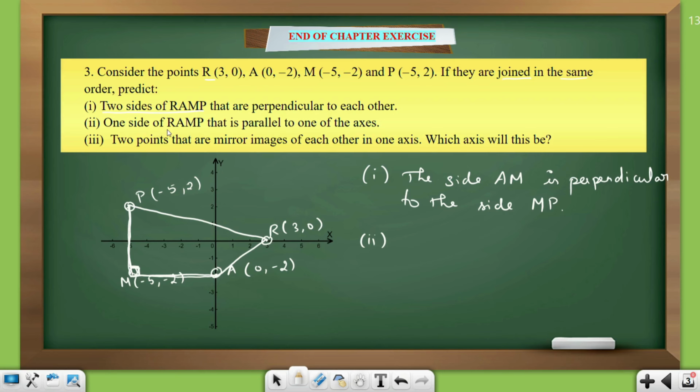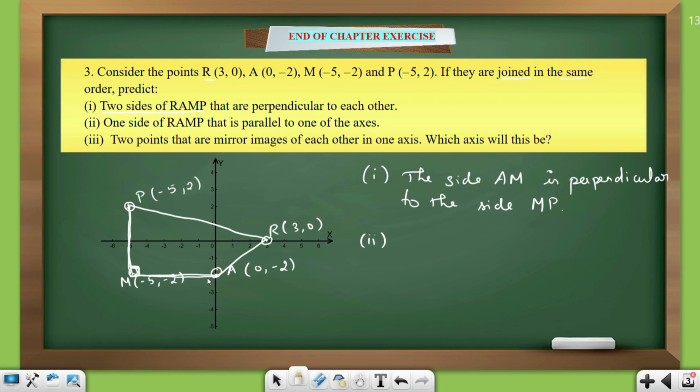In the second one, one side of the ramp is parallel to one of the axes. Look here, these are our axes, the y axis and the x axis. We have four sides, that is RA, AM, MP and PR.